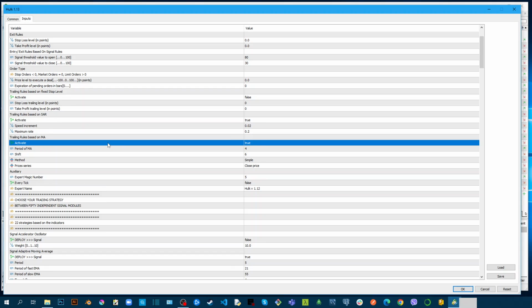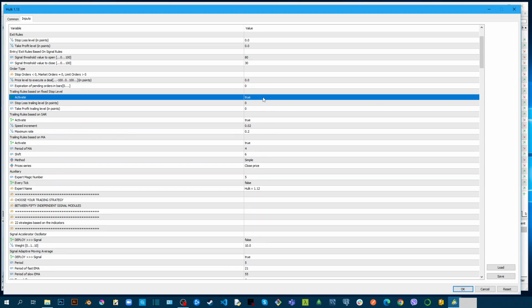Next, this first trailing stop rule is based on the fixed stop level. You can activate or deactivate it. In this case, I'm not using these two options.